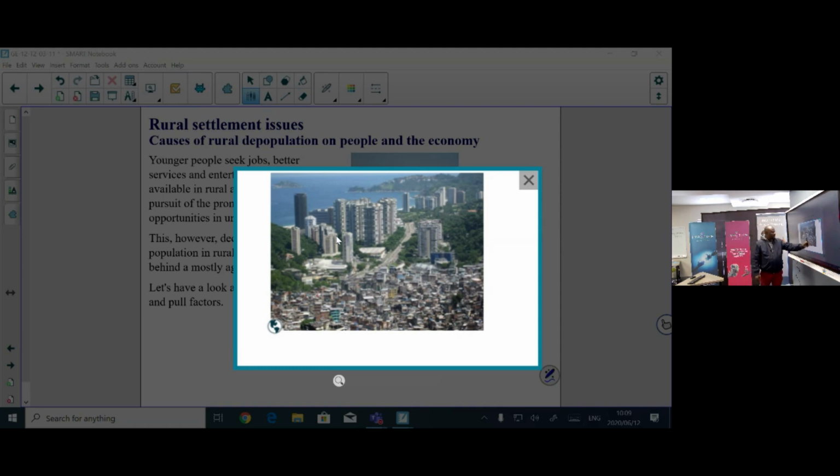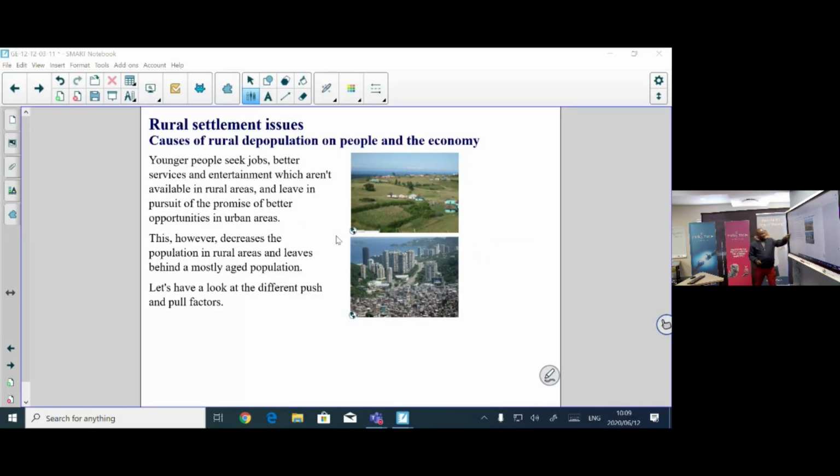The houses are clustered together, and this is typical of an urban settlement. So, as you can see, the place below is more attractive. So this is more attractive, and this is less attractive, is it?